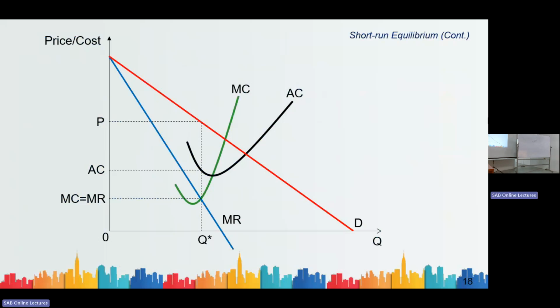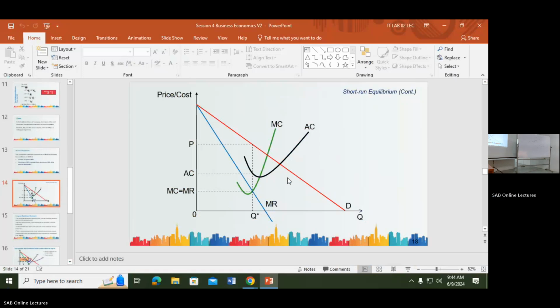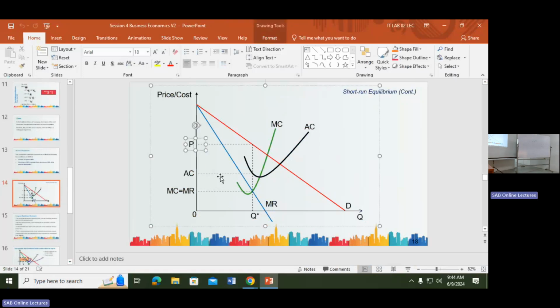This is the equilibrium price. You can also label it as P star because it's the profit maximizing price.